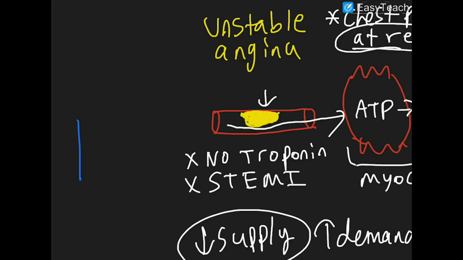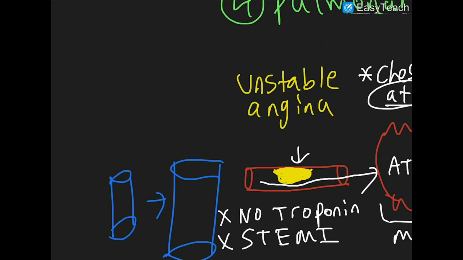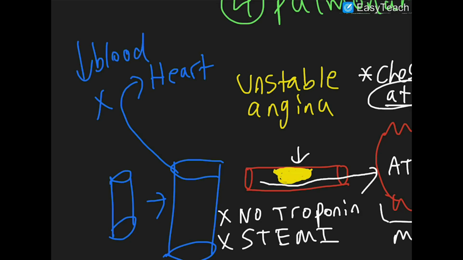So if you dilate your veins, so you go from a normal sized vein like this to something that's much bigger, blood will pool in your veins, and that means less blood will make it back to your heart. Okay. So less blood will make it back to your heart, which means eventually the blood that makes it back to the right side of your heart will eventually go to the left side of your heart and eventually to the left ventricle.